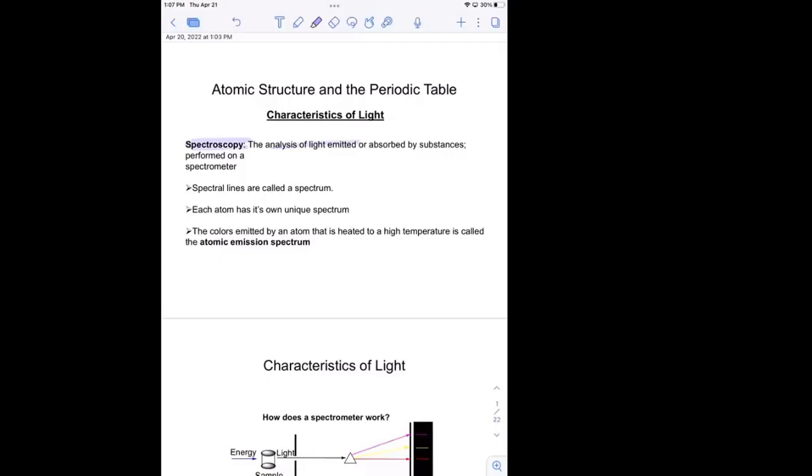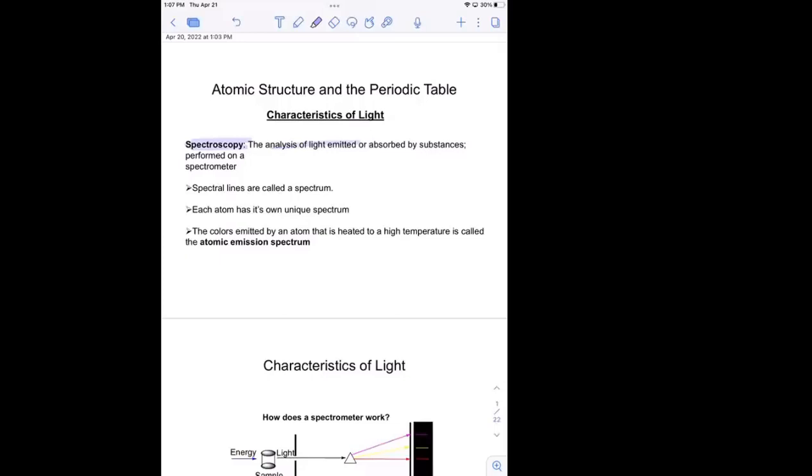There are lots of different areas of spectroscopy. There's infrared spectroscopy, UV spectroscopy, and others that actually take advantage of certain ranges of electromagnetic radiation. We're going to talk about that a little bit later.